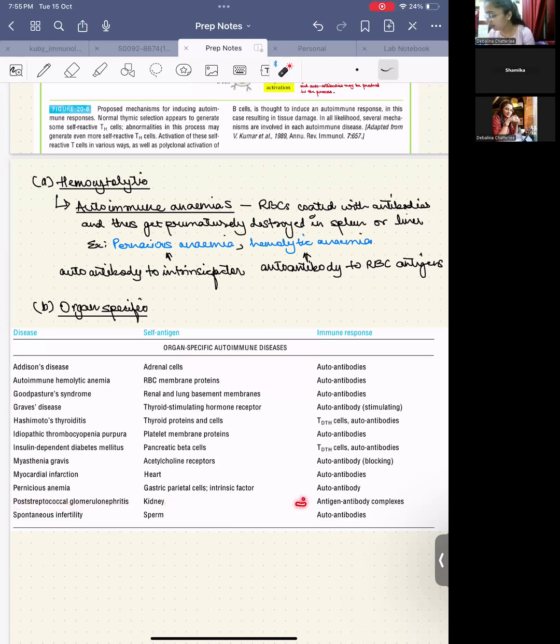The antigen antibody complexes mediate the immune response, and the immune response coming from them results in post-streptococcal glomerulonephritis.